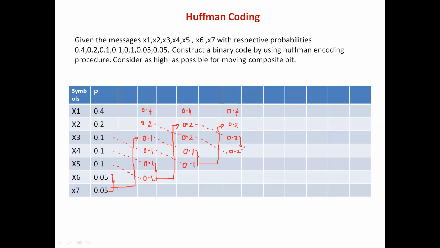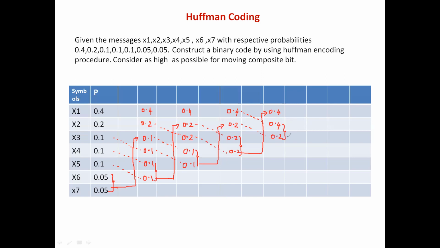Next, once again, I will add 0.2 and 0.2, and I'll get 0.4. So I will place it in the first position. This 0.4 will be moved below this 0.4, and this 0.2 will be moved here. So here it is 0.2.